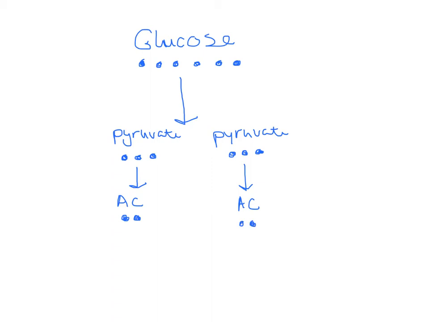So, where do the carbons go? They're released as CO2. And during this pathway you go to ethanol. We're just going to abbreviate that ETOH. And each of those also have 2 carbons.